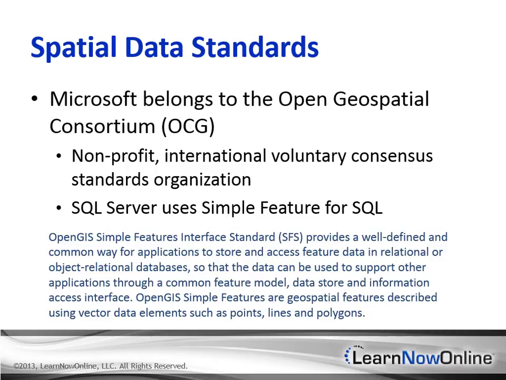OpenGIS Simple Features Interface Standard provides a well-defined and common way for applications to store and access feature data in relational or object relational databases, like SQL Server, so that the data can be used to support other applications through a common feature model, data store, and information access interface. OpenGIS Simple Features are geospatial features described using vector data elements, such as points, lines, and polygons.